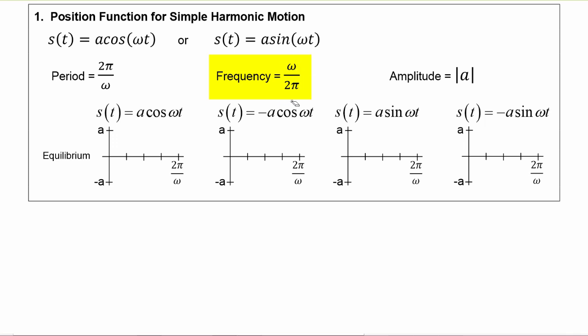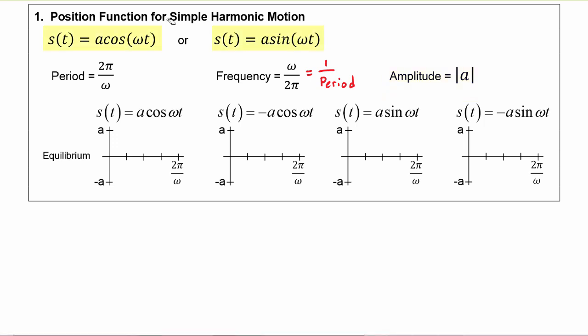So notice that frequency is just the reciprocal of period. Amplitude is the absolute value of A as it has always been.